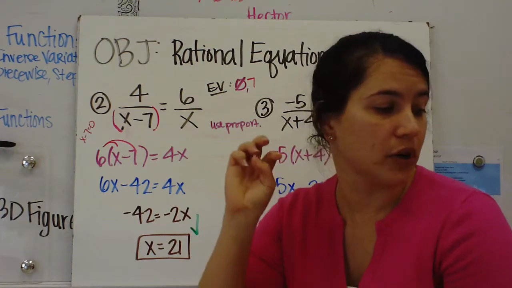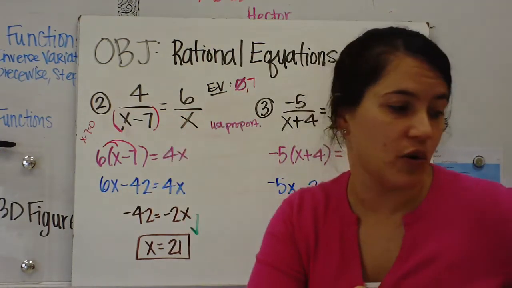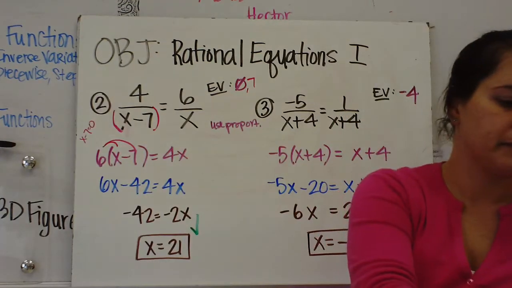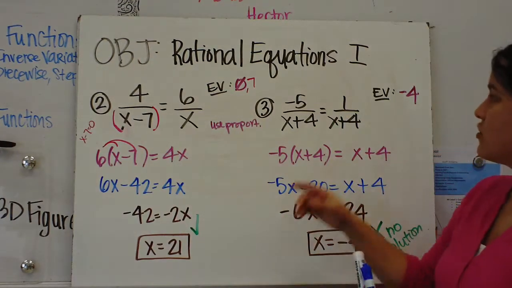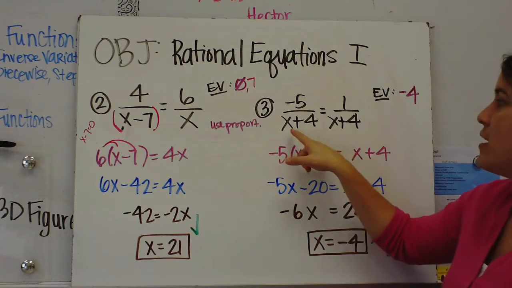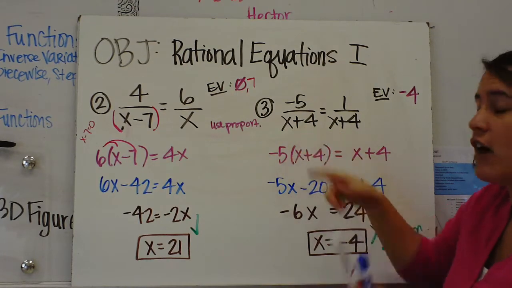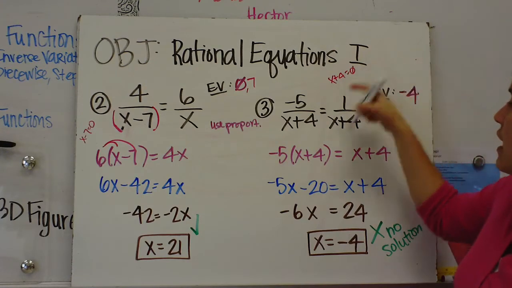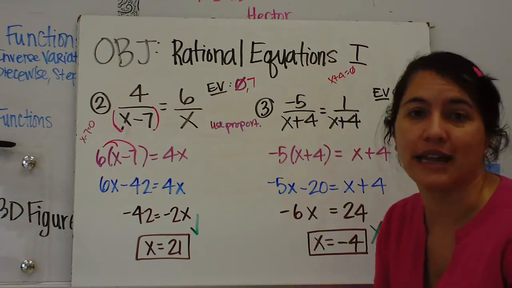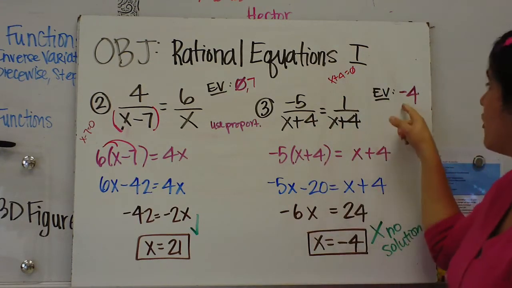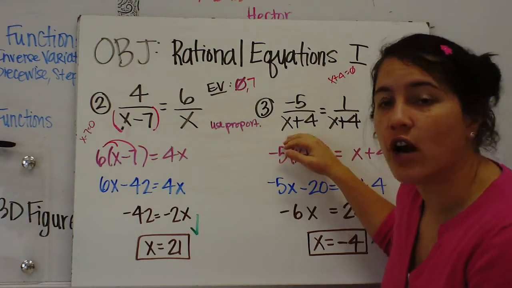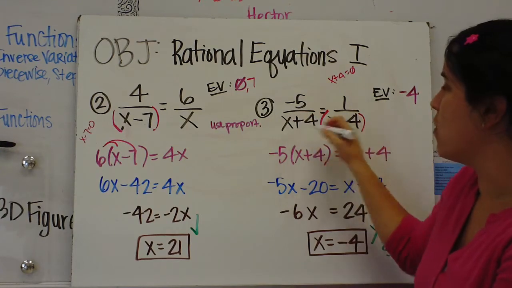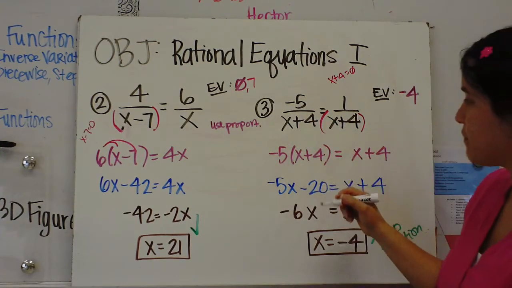I'm going to show you number 3 on your worksheet. So I showed you number 2, and now I'm going to show you number 3. All right? So number 3, first we look at our denominator, and it's the same. So our excluded value is when x plus 4 equals 0, and that means x has to equal negative 4. So that's our excluded value, negative 4. I'm going to cross multiply, so negative 5 times this, and 1 times x plus 4.